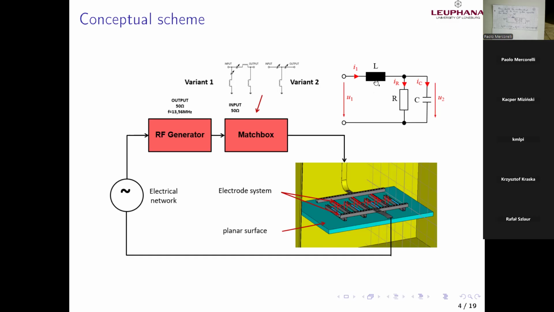We can see in fact an inductance which tries to model the inductive behavior or component of the matchbox. And U1 is the signal which comes out of the RF generator.